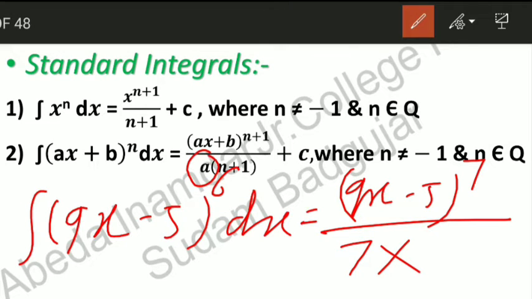A is nothing but the coefficient of x. 7 into the coefficient of x, which is 9, plus c. That's it. Ax plus b bracket raised to n gives ax plus b raised to n plus 1 upon n plus 1 into the coefficient of x, whatever the coefficient of x may be.